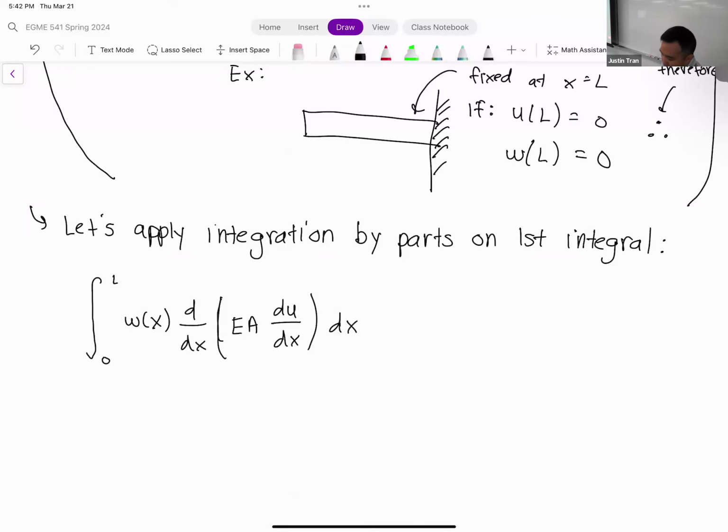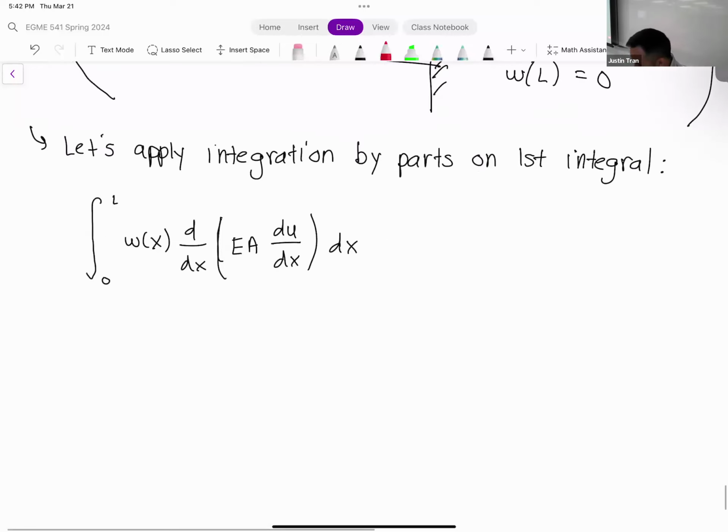Let's integrate this by parts. If you don't remember how integration by parts works, basically we're going to take our integrand, the function that we're taking the integral of, and break it up into two. I'm going to take one portion of the integrand and define that as w of x, and I'm going to define this as a function u.